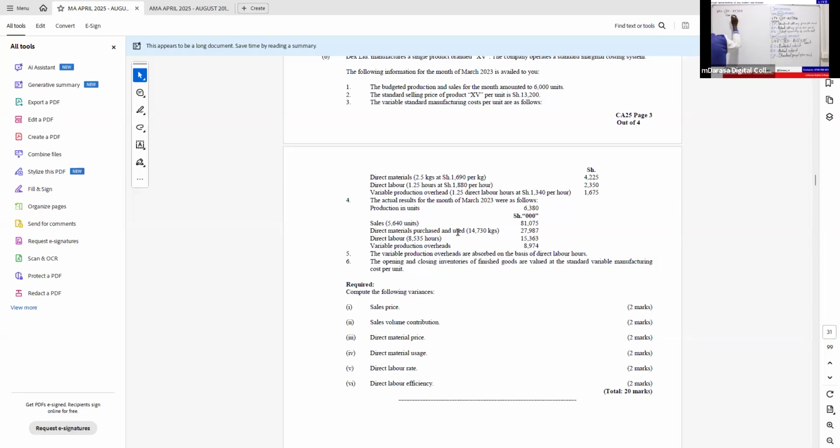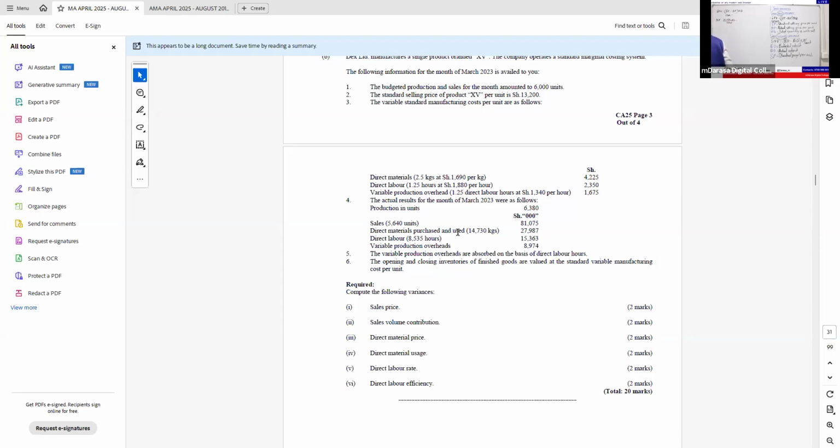So our actual selling price per unit: we can see that the total sales we had was 81,075,000. This was in relation to 5,640 units.